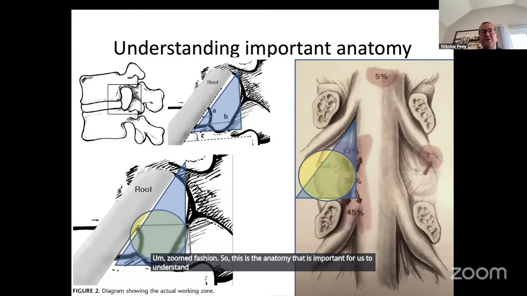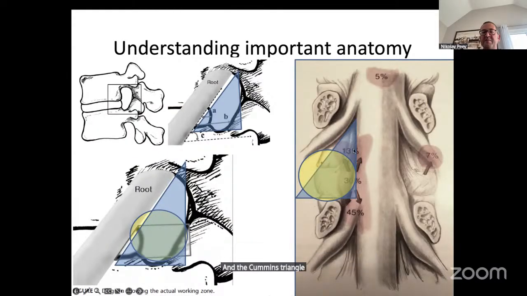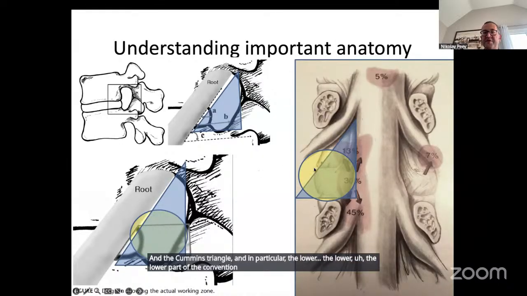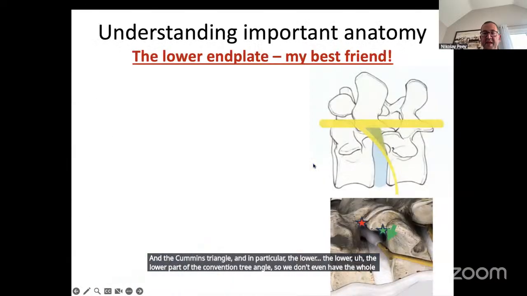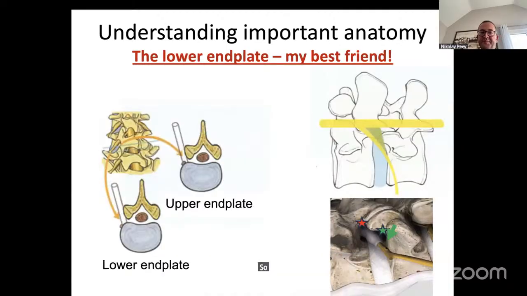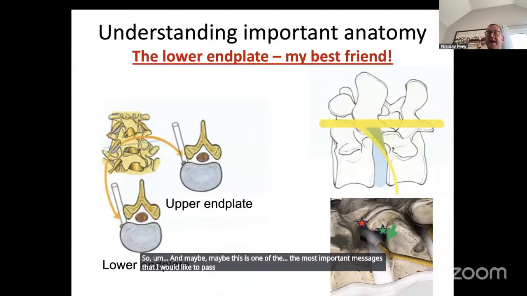We have to have a good understanding of the neuroforamen and Kambin's triangle, and in particular the lower part of Kambin's triangle. We don't even have the whole Kambin's triangle. And maybe this is one of the most important messages that I would like to pass to you.